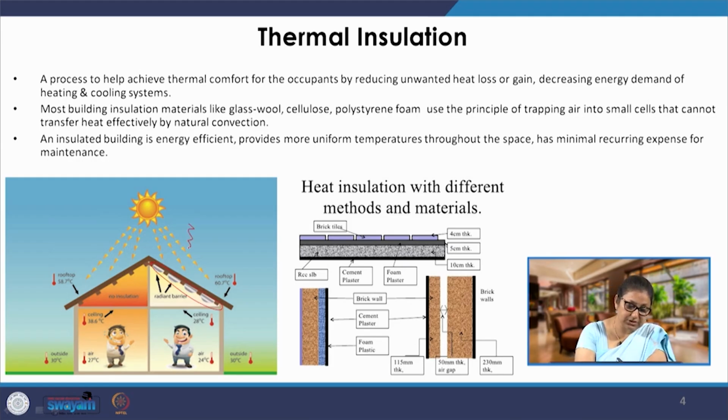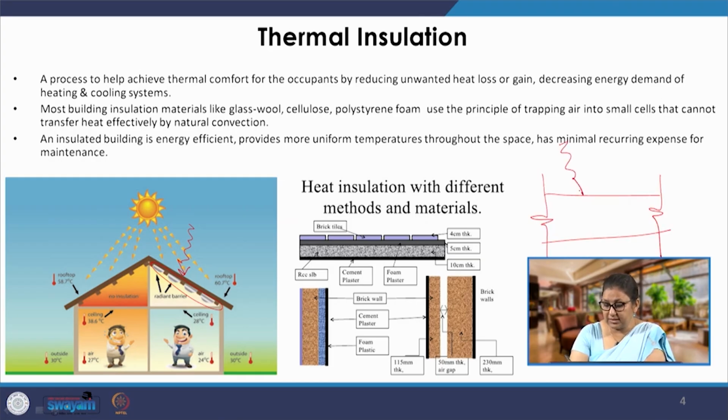The radiation is going to be incident on this roof. Let me take this roof slab as the section here. When there is incident radiation on this roof, which is when the sun is out, plus we also have a higher temperature outside, this surface is going to receive heat through radiation as well as conduction.